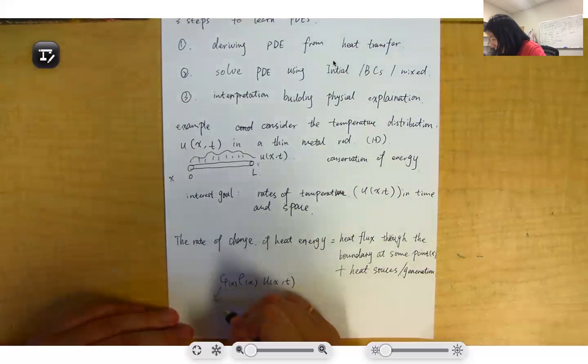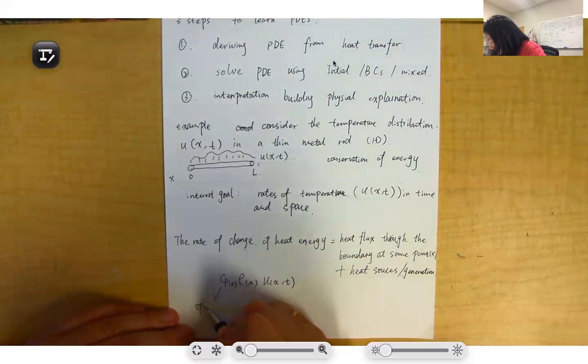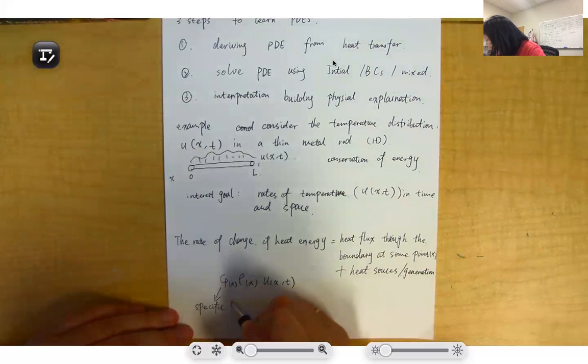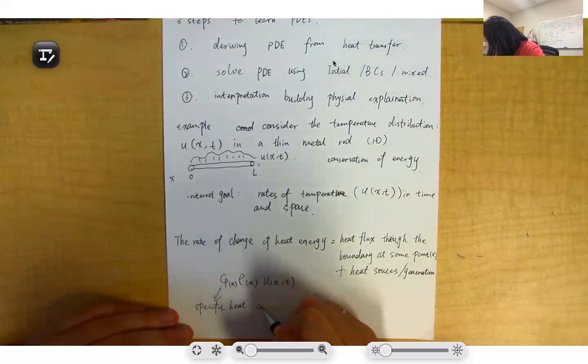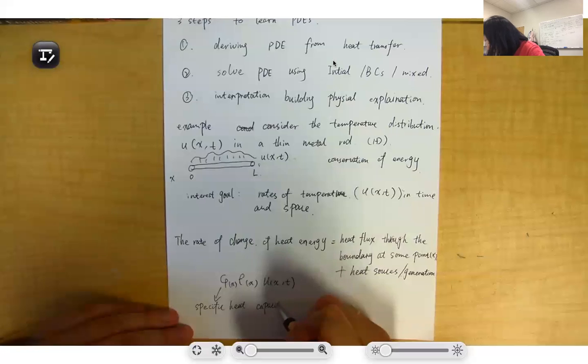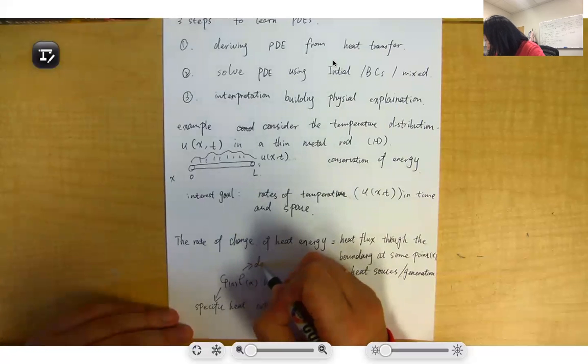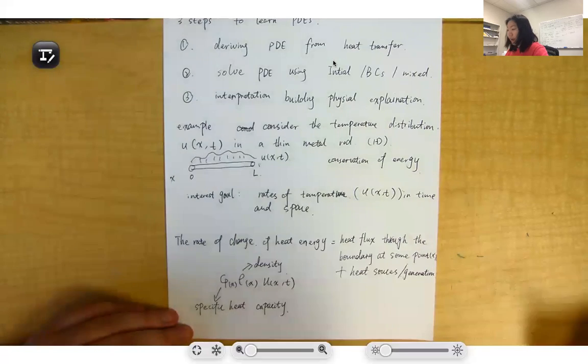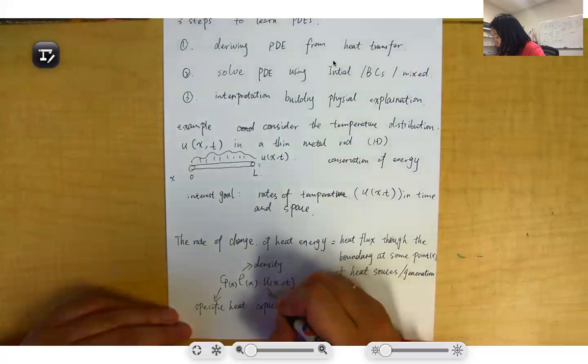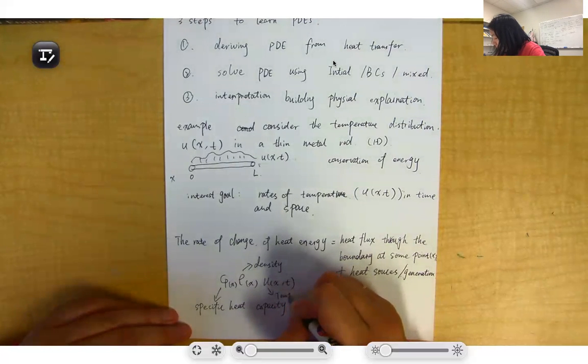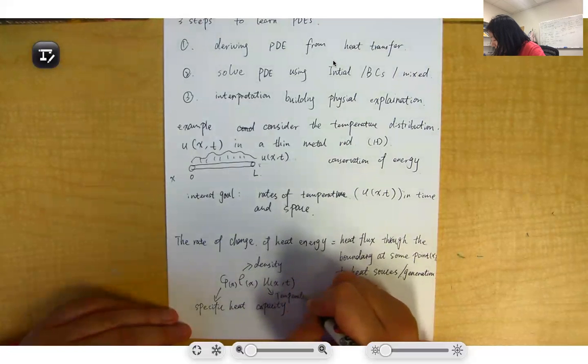This c_p is the specific heat capacity, rho is the density, and u(x,t) is the temperature as a function of space and time.